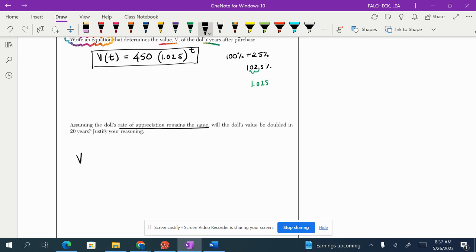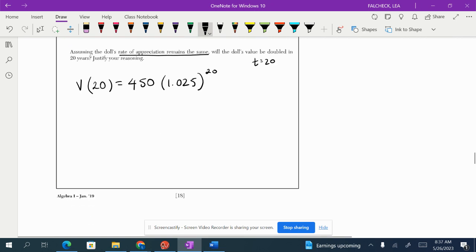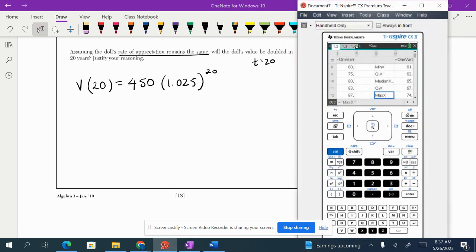So let's go ahead and evaluate the function that we wrote when t is 20. So this here is the same appreciation rate, except now t is equal to 20. All right, let's go ahead and type this in our calculator.